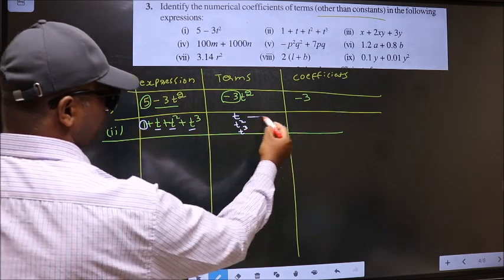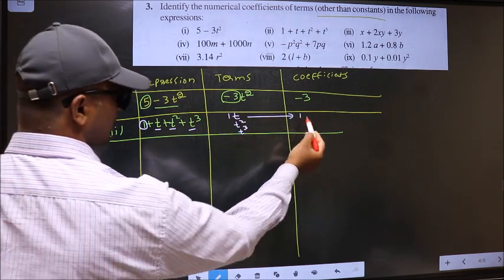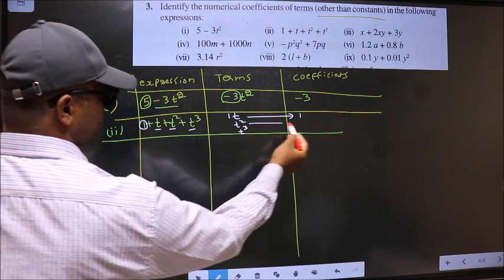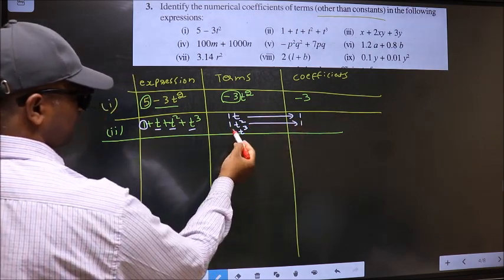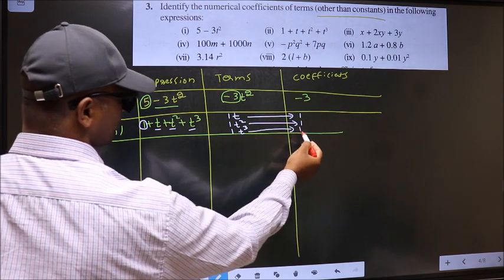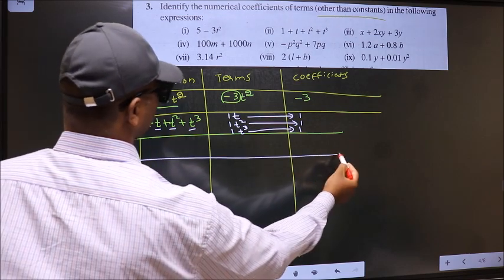Now the coefficient for each: the number before it is 1, so the coefficient is 1. Number before this is 1, so the coefficient is 1. Number before this is 1, so the coefficient is 1. That's it.